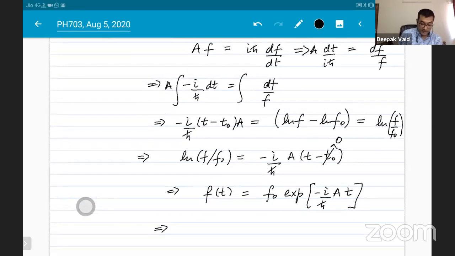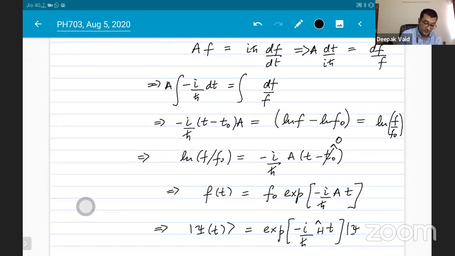So let me write this again, but now in terms of the state, psi as a function of time is equal to the exponential of minus i H t over h bar, acting on psi naught.